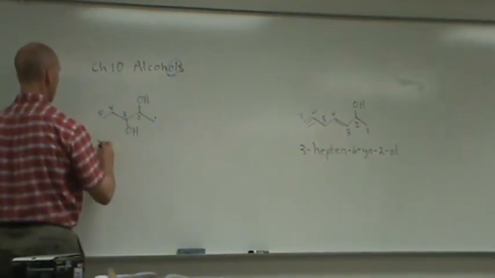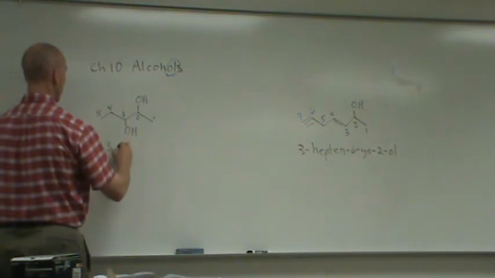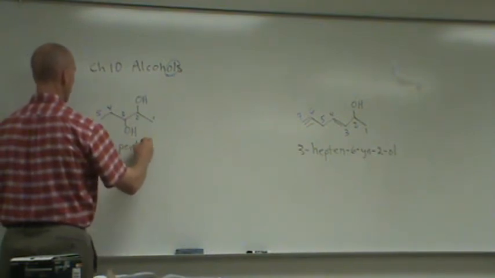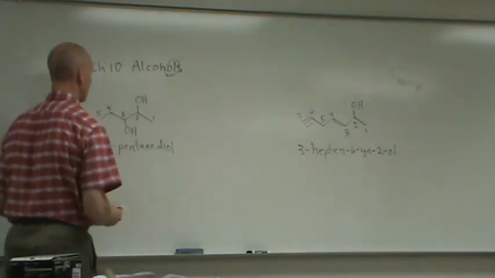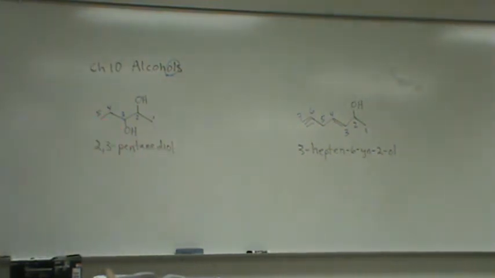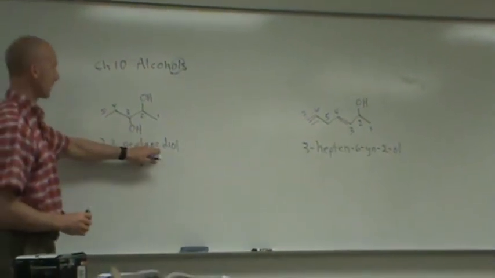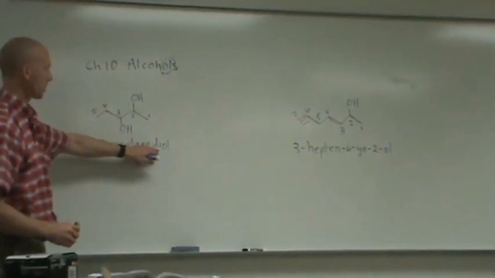So we'd have what, 2,3 pentane, then diol. Okay, so diols, where we have 2 OHs. Okay, I don't have to drop the E here because I got a consonant.